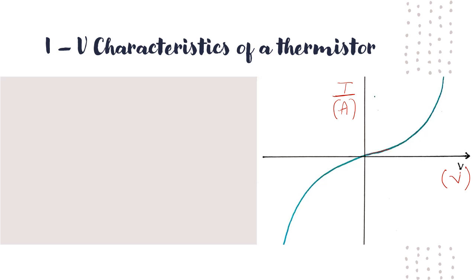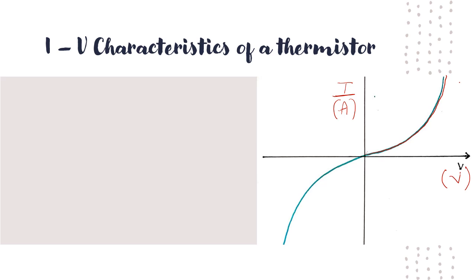Initially the current is increasing very slowly and then there is a sudden increase in current. What happens in the case of a filament lamp? Initially there is a sudden increase and then that increase starts to decrease, isn't it? So that is what happens in a filament lamp. Now, I'm going to take that filament lamp off so that I don't confuse you anymore.